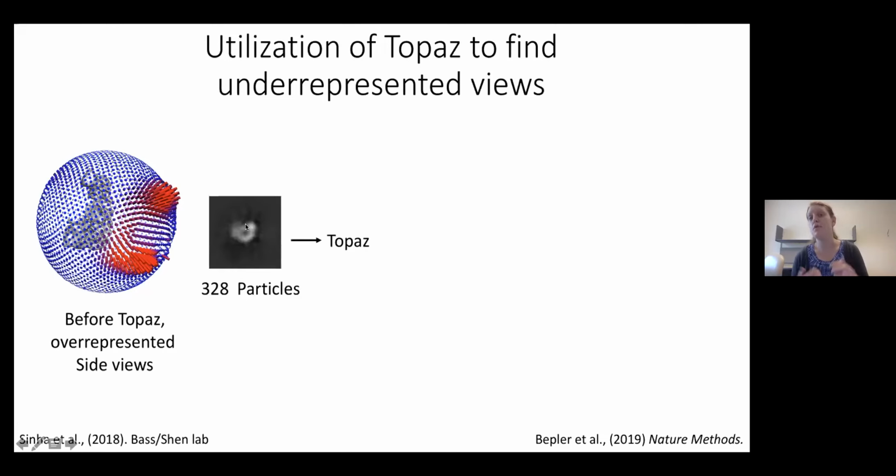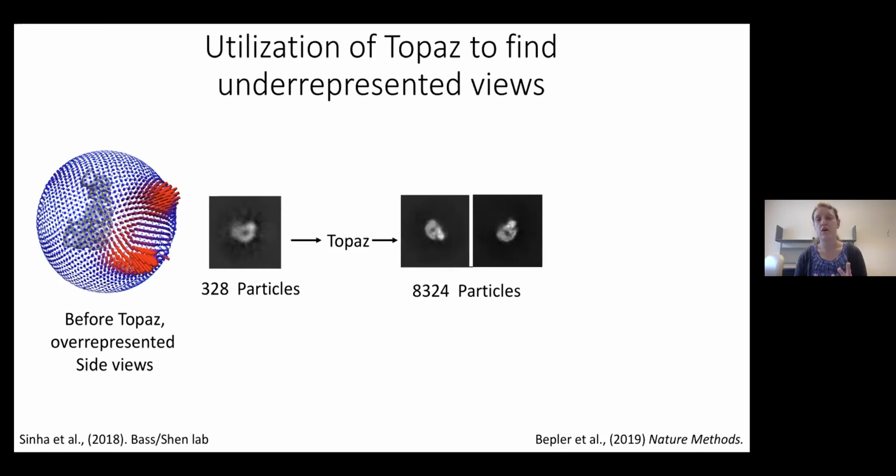This is an example helicase domain where I was getting very few particles, only a few hundred, and the resolution was very low. It was even difficult to tell if this was the helicase domain. After learning how to use Topaz over several iterations, I was able to get several thousand particles, a little over 8,000 here, and the quality of those 2D classes greatly improved.